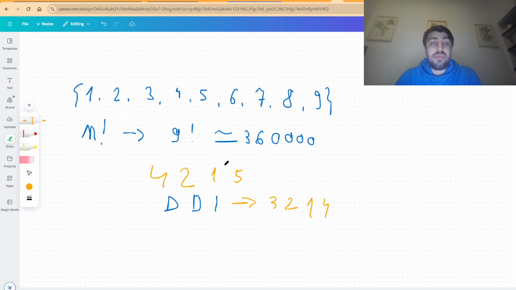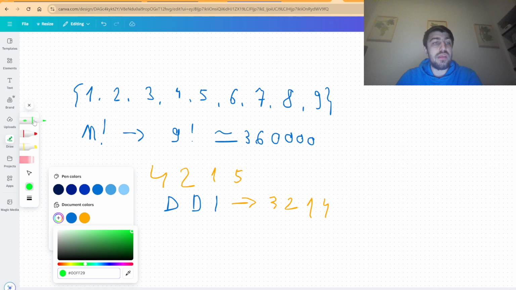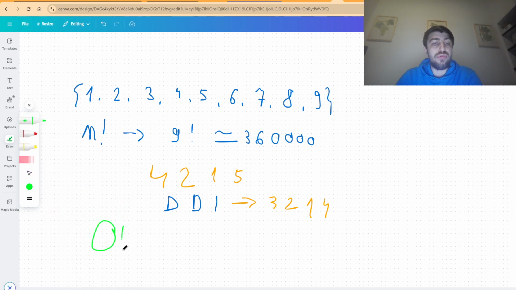And even though it seems at first that this algorithm will be very slow, the number of integers we actually have to check is very small, at most 360,000, and therefore our algorithm will run in a time complexity of O(n factorial times n), where n is the number of digits we are talking about.